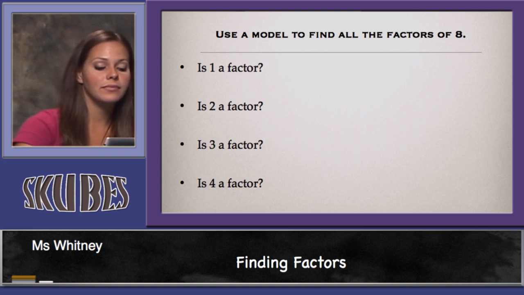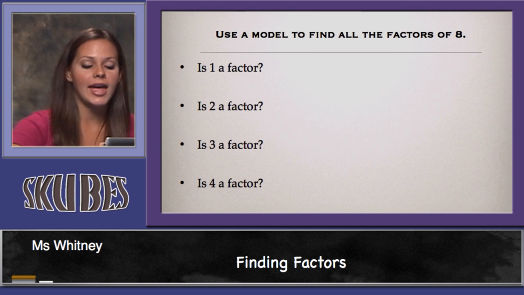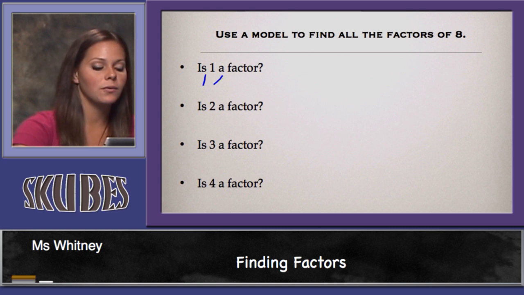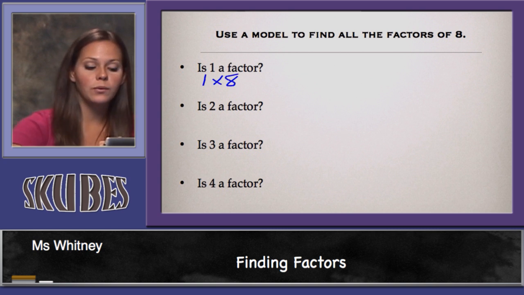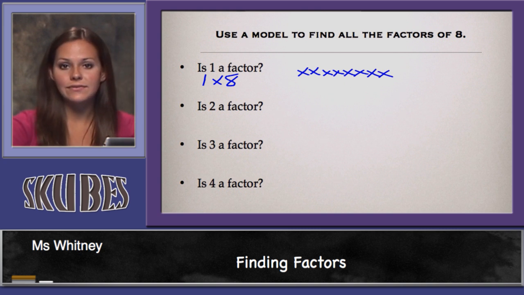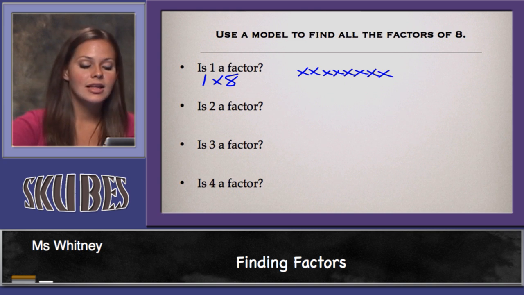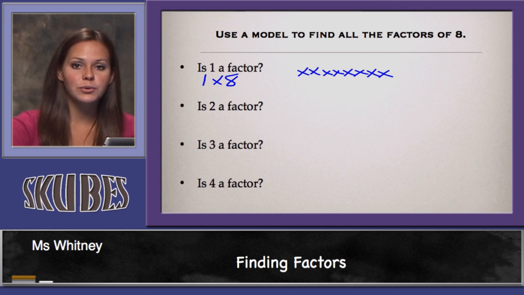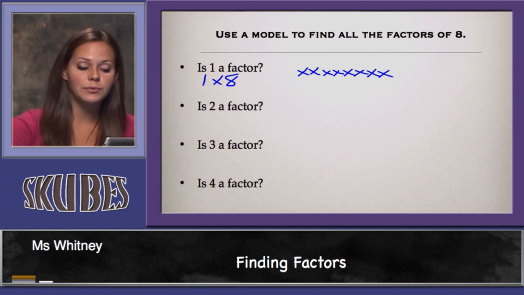To model if 1 is a factor of 8, we can show one row of 8. One is a factor of 8. Let's determine if 2 is a factor of 8. If 2 is a factor of 8, 8 must be divisible by 2.